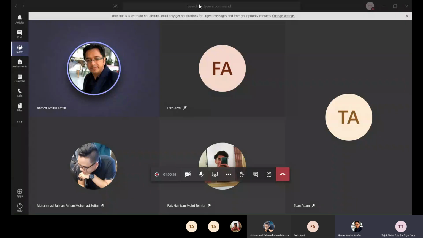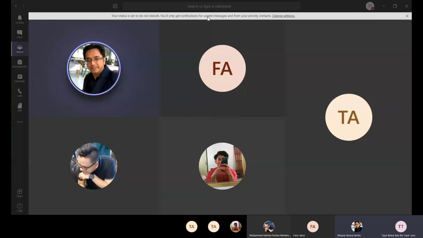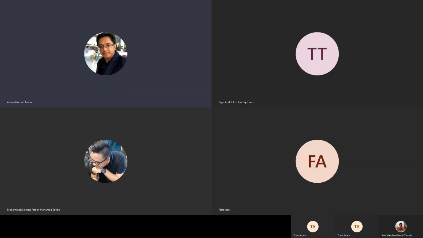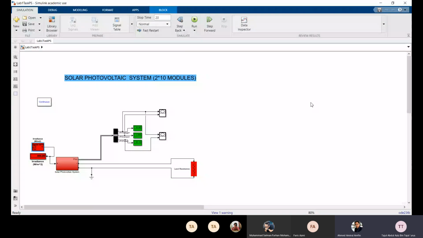Is it showing the Matlab? Not yet. Maybe you need to minimize. Yeah, now we can see. So is it the short circuit, right?